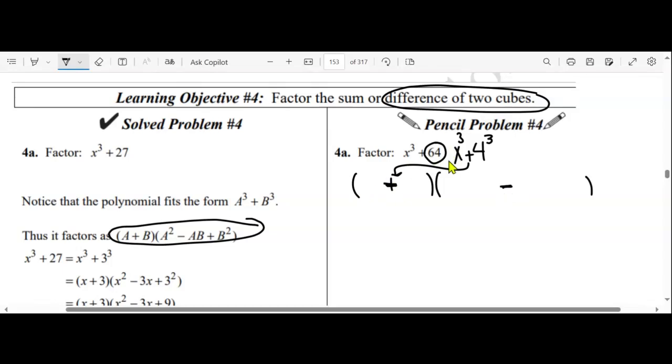So x cubed is going to be x plus 4. Here is going to be what? x squared. Here is going to be what? 16. Correct. What about the middle? 4 times x, how much? 4x. That's it. Easy.